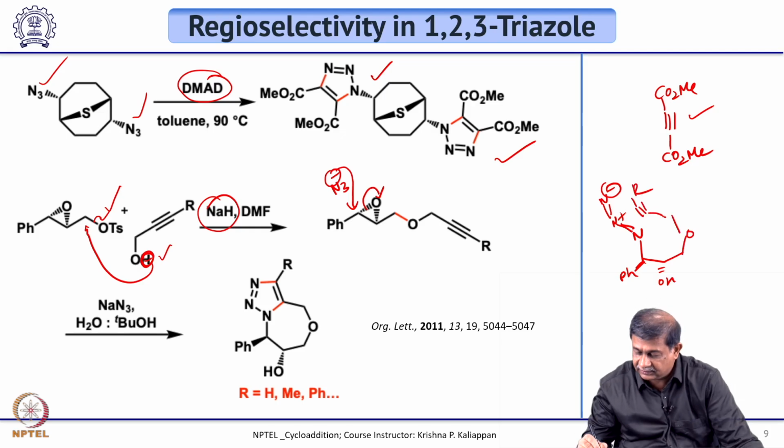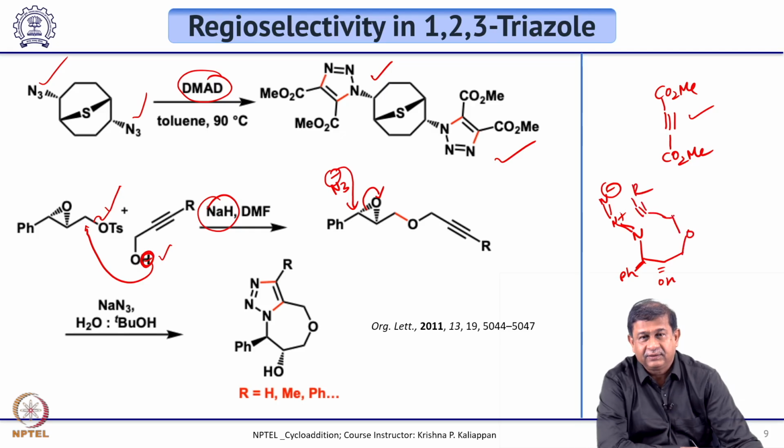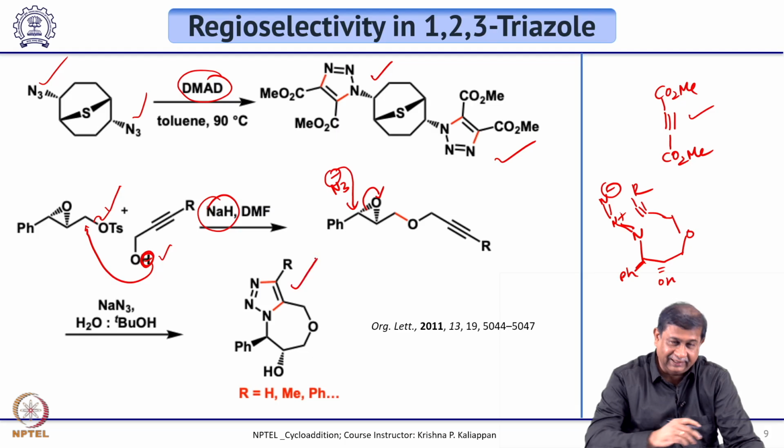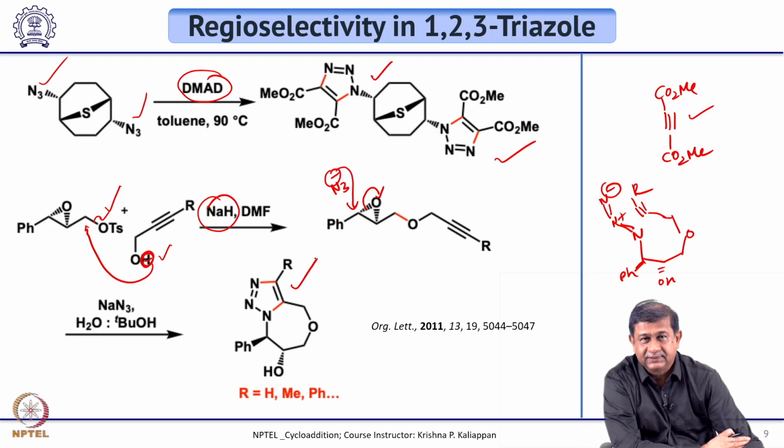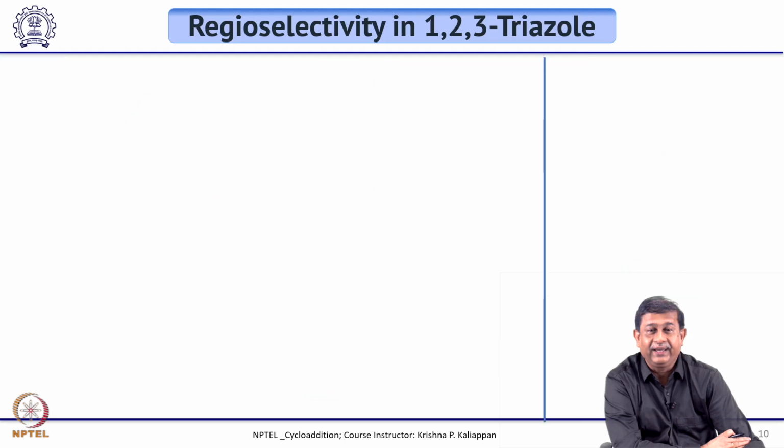You will get this intermediate when azide opens the epoxide, and that will undergo an intramolecular 1,3-dipolar cycloaddition to give this triazole. Since this is intramolecular, the regioselectivity is okay.